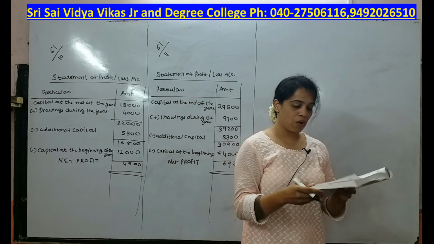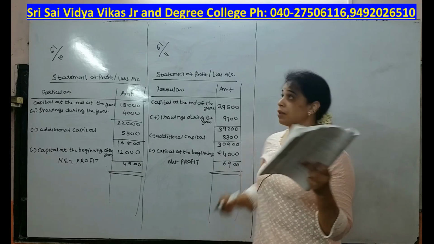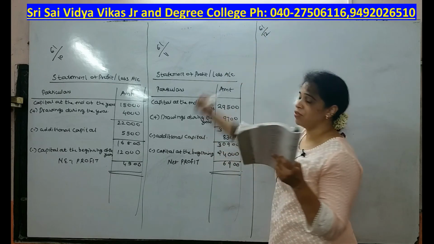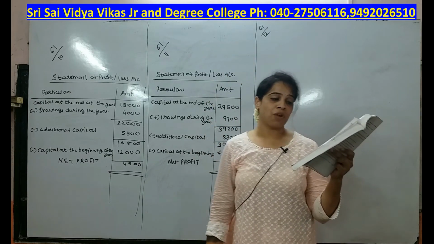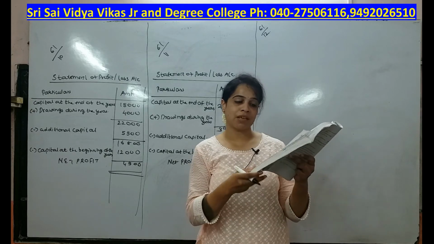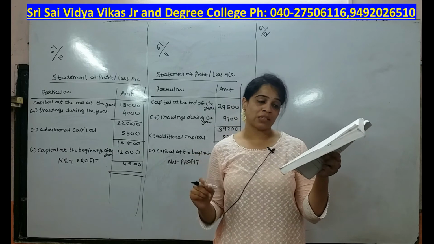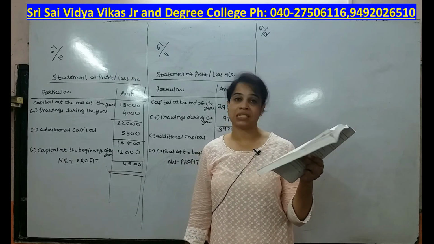Now let's go ahead with problem number 12. Ascertain the profit earned. Again page number 61, problem number 12. Ascertain the profit earned by Rama and Company who keep their books under the single entry system. Excess of assets over liabilities on 1/4/2014 is 56,000.